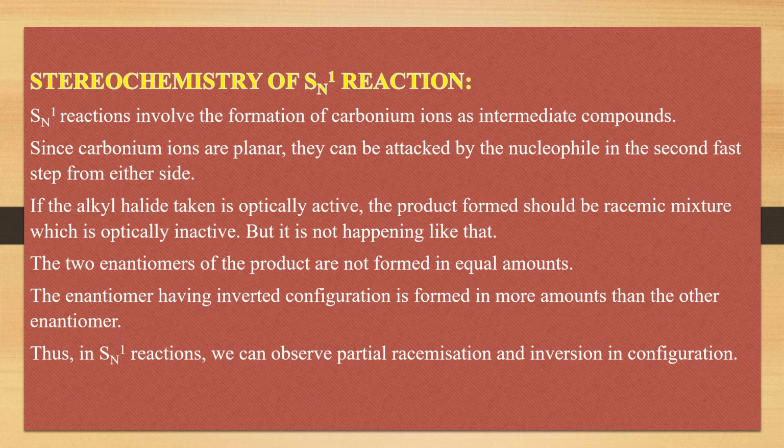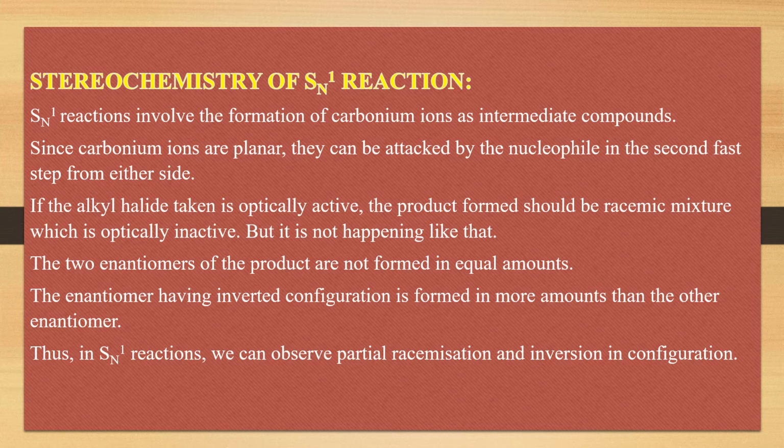So once again, if the alkyl halide taken is optically active, the product formed should be a racemic mixture, that means 50% plus 50%, and this racemic mixture should be optically inactive. But this is not happening in SN1 reaction.